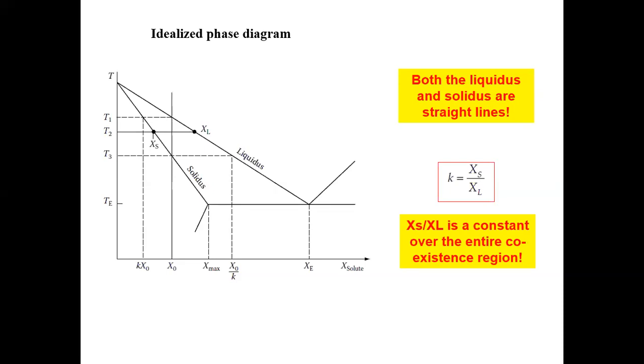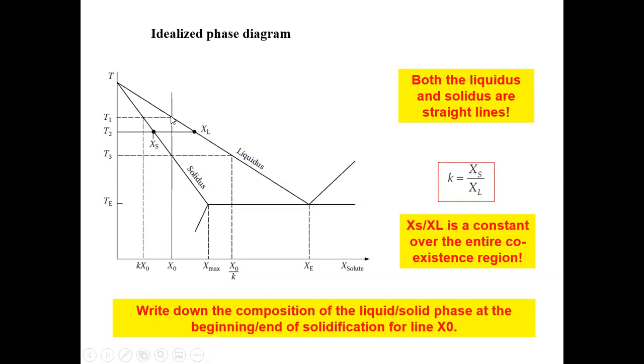For example, if the system has a composition of X naught, we can immediately tell the composition of the solid and liquid phases at the beginning of the solidification, and the corresponding compositions of these two phases at the end of the solidification.